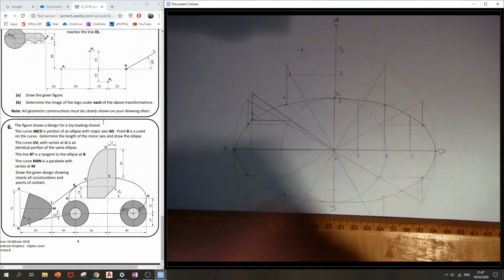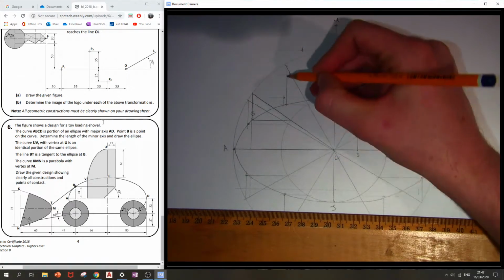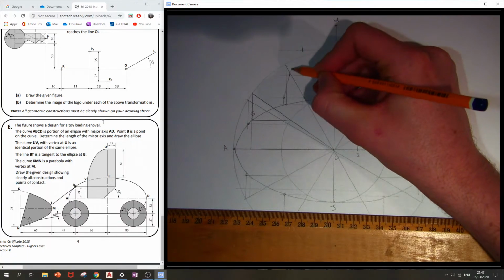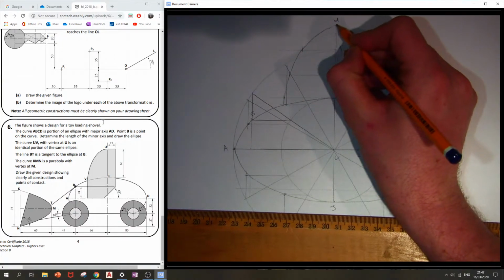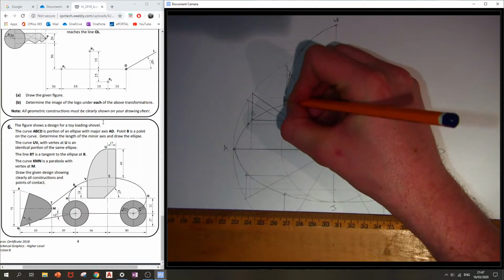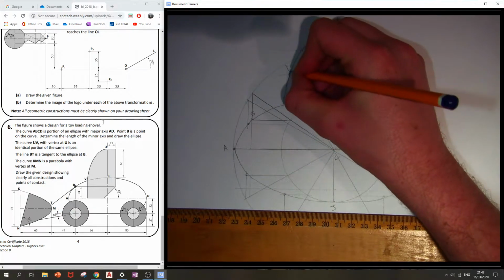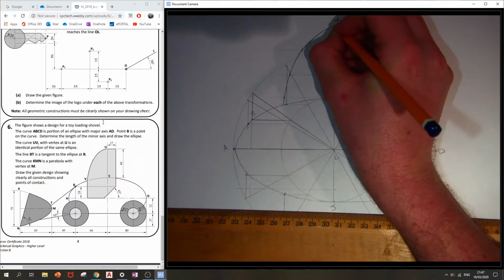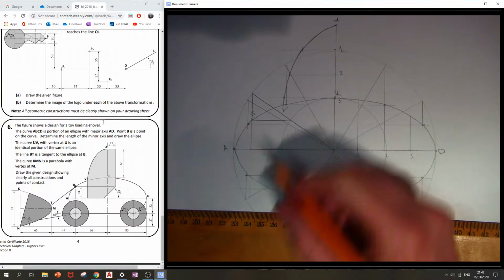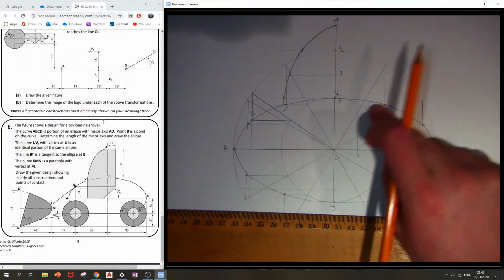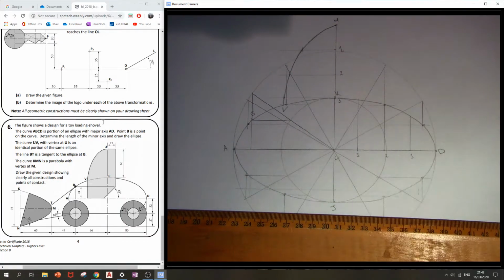So if I draw this section in, I'll call this point V here. So now I know that curve UV is an identical portion of the very same ellipse.